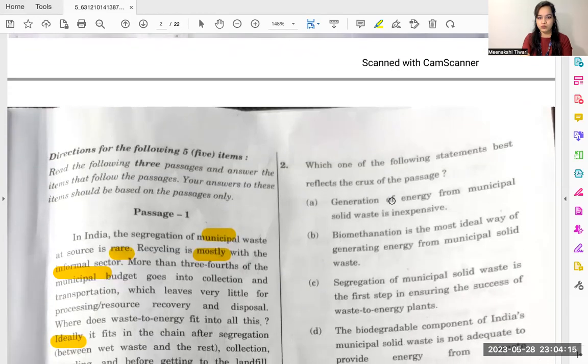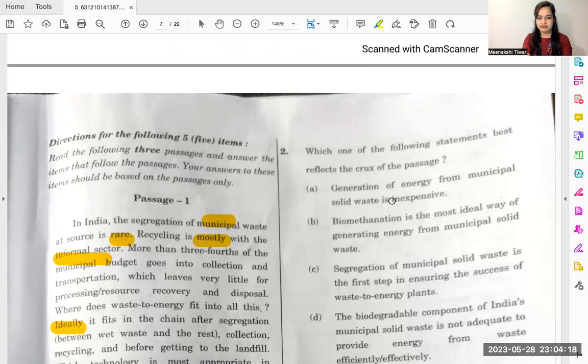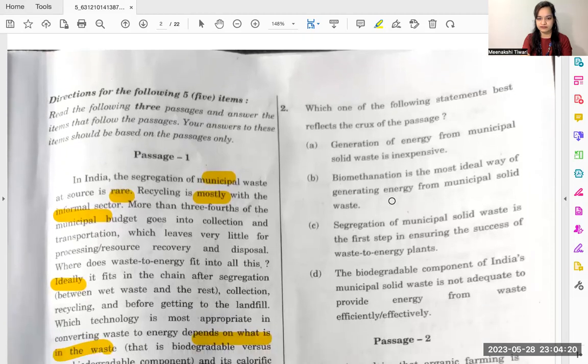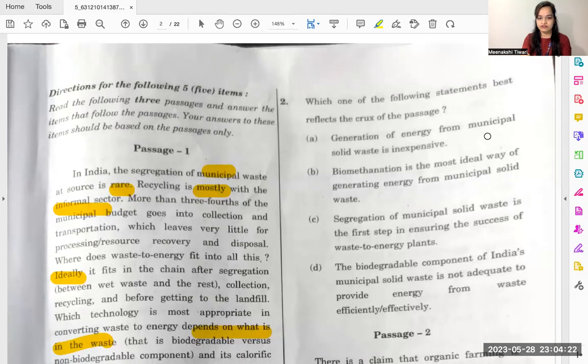Which one of the following statements best reflects the crux of the passage? Generation of energy from municipal solid waste is inexpensive. We are talking about how much money. More than 3/4 of budget goes into collection and transportation, which leaves very little for, well, this is about budget, this is about allocation, municipal budget allocation within waste management.